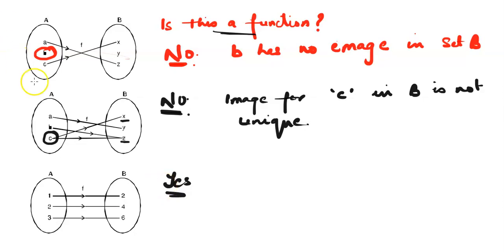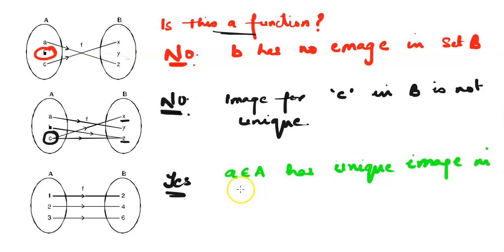So every a that belongs to A has a unique image in B, and this is true for all a. The symbol is for all. So for all elements a which belong to set A there is a unique image in set B. So hence this is a function.